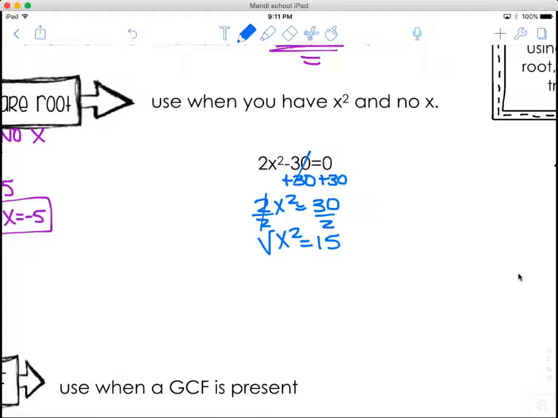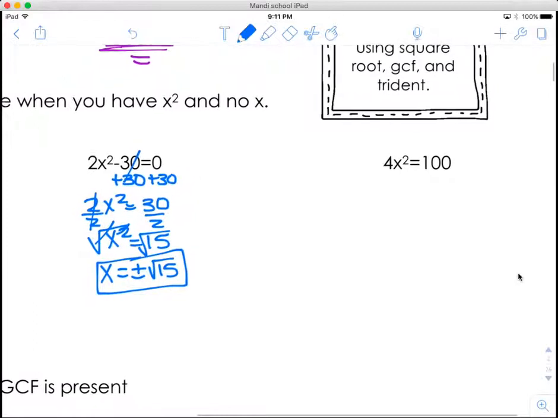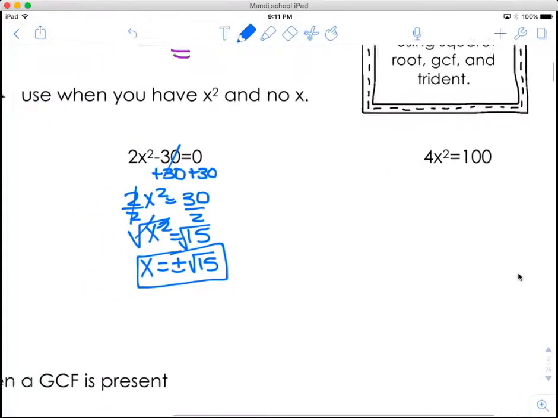And then you take the square root of both sides. That cancels. So x equals plus or minus the square root of 15. If you have a calculator, you can put that in and get the value of the square root of 15, or for now, you can just leave it. That will be fine. Okay, we're going to save this next one for the classroom.